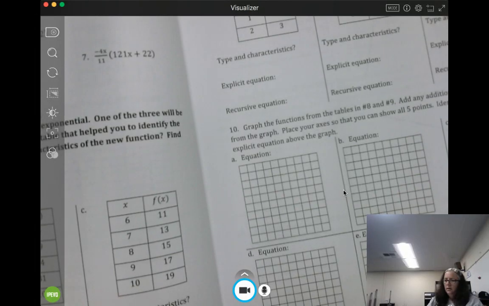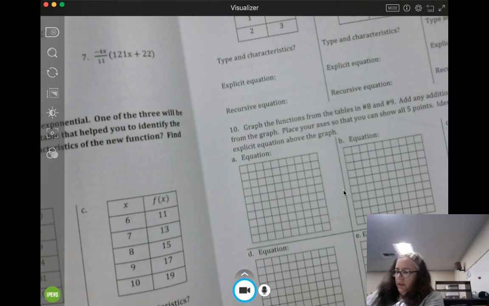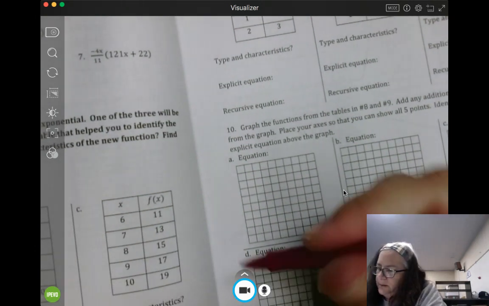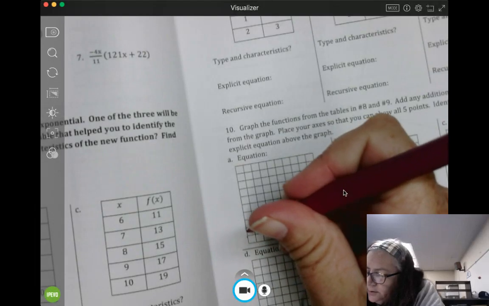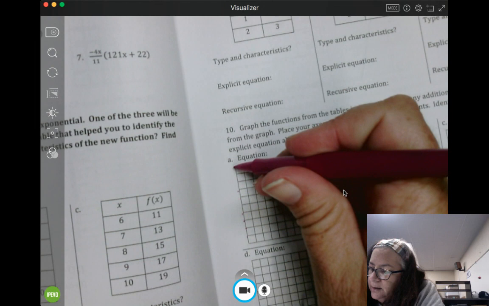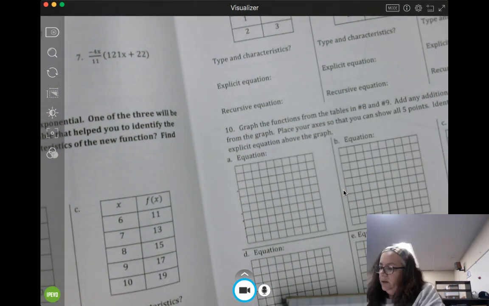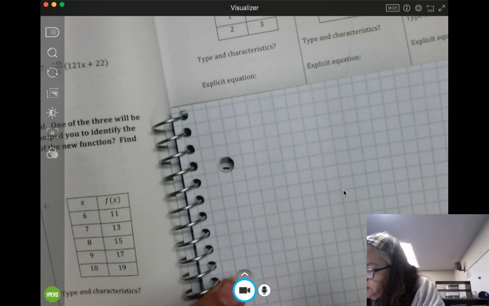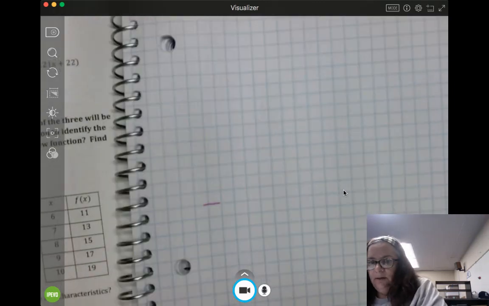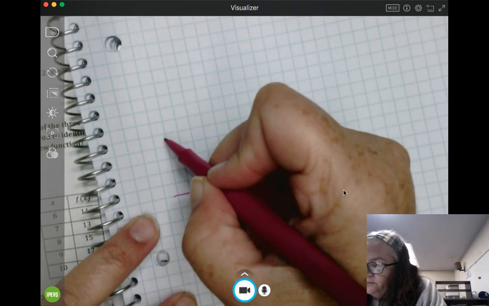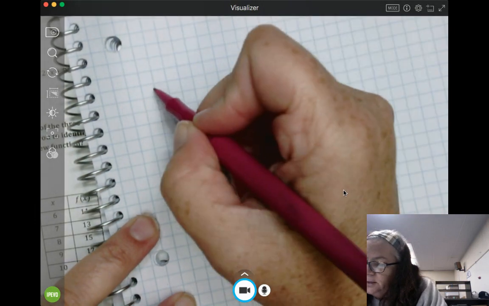So what I'm going to do with this, and you may want to do these in your graph notebook, but I want you to notice the size of their graph. So starting on the bottom row, they have 1, 2, 3, 4, 5, 6, 7, 8, 9, 10, 11, if you count the top and bottom. So you want the ones in your book to be the same size. So here's the bottom, and I'm going to count up 1, 2, 3, 4, 5, 6, 7, 8, 9, 10, 11.